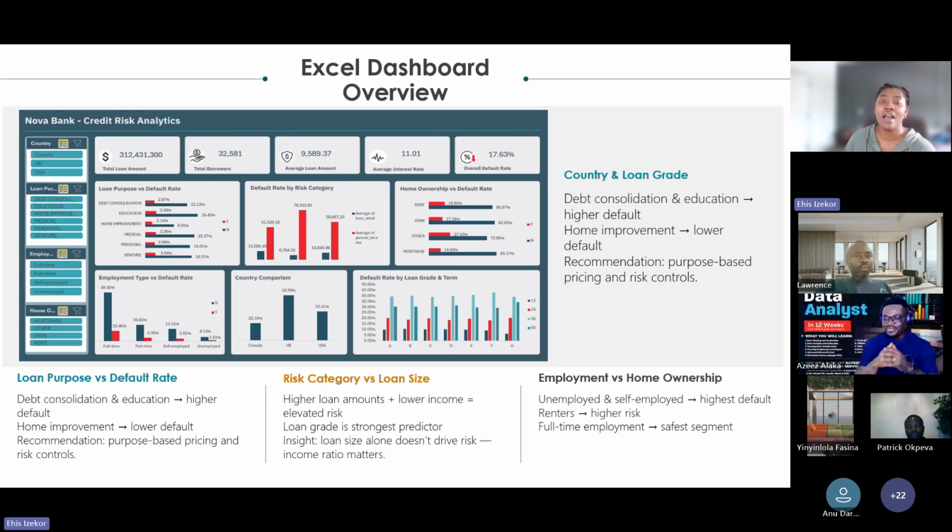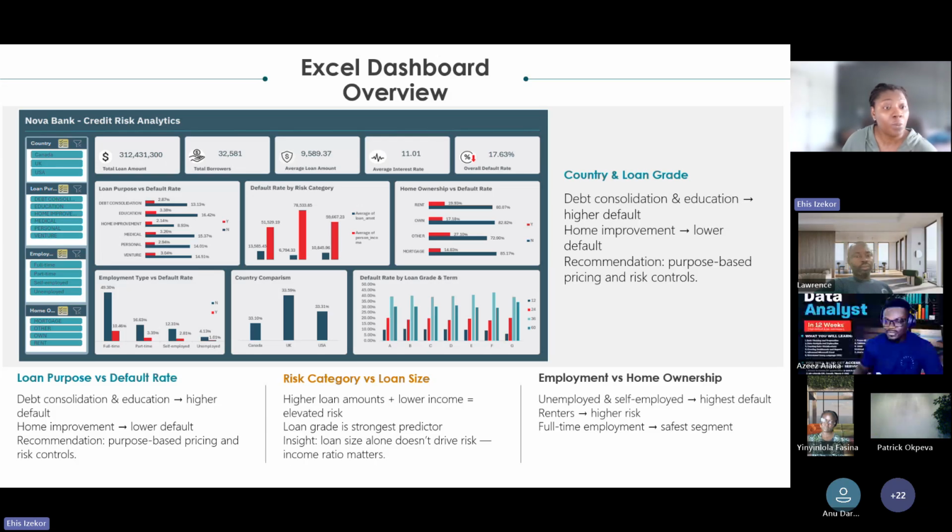In conclusion, I found that people borrowing for debt consolidation and education are higher defaulters when it comes to loan repayments. People that take loans to improve their homes are low defaulters. So the recommendation is purpose-based pricing and risk control when it comes to loan grade.